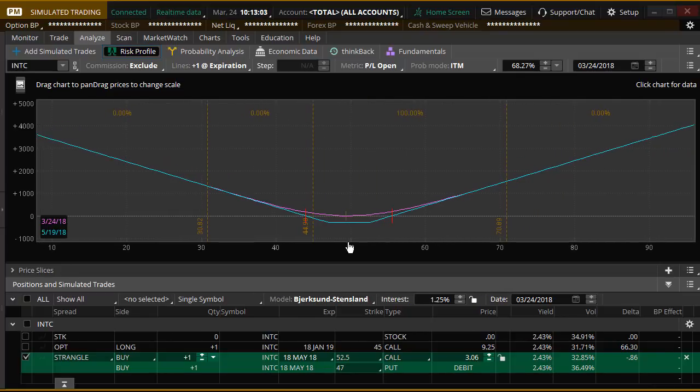The problem with this trade is it's a very expensive trade. It's not as expensive as the straddle, but the odds on this trade are not good.